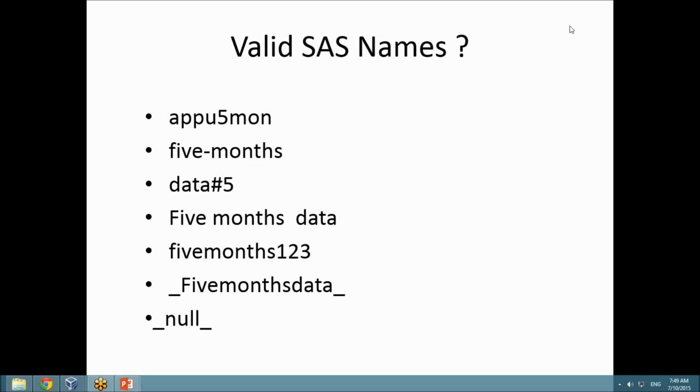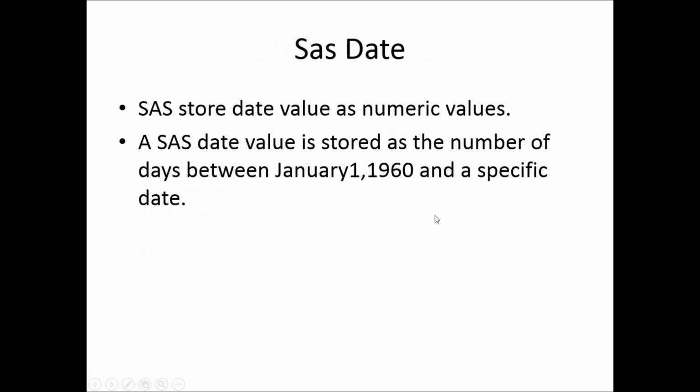So come here. SAS date. This is also a base SAS certification question. Try to remember: SAS stores all date values as numerical values only. Whenever you give any date to SAS, it will be stored as a numeric. And the SAS default date is January 1st, 1960. We are going to discuss more on this in later classes, in the informat and format class.